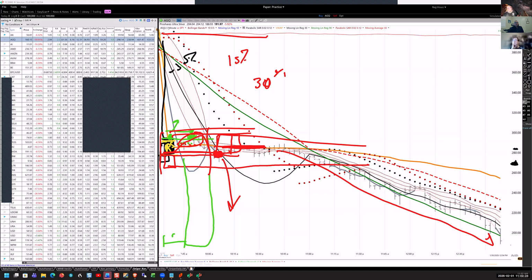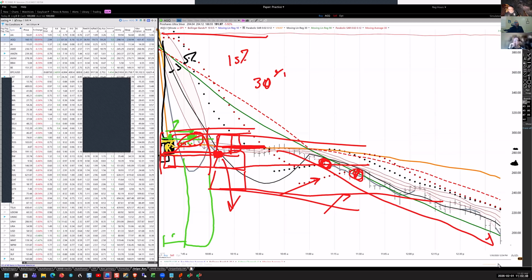And so when it breaks below, there's the PSAR to the downside and the second PSAR to the downside. At this point, I've got 2R in hand with momentum and no buying pressure whatsoever.